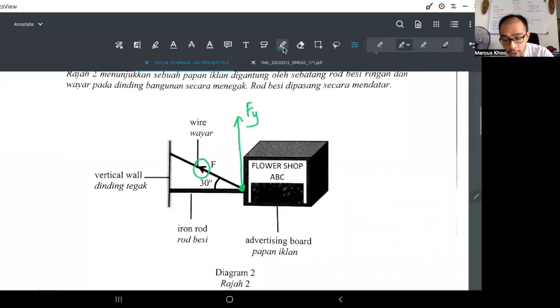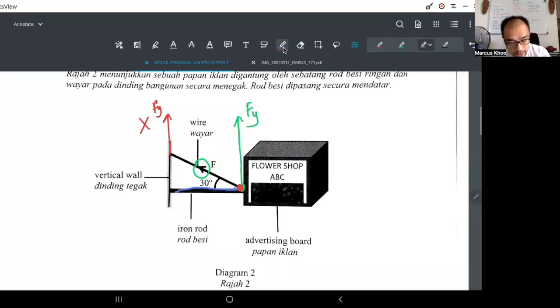What you want to avoid is putting the Fy at the end where the force is going. This is wrong, because when we resolve the forces, it must always start from the point of the beginning of the force, not where the force is going, but where the force is coming from. So the Fy will be here.